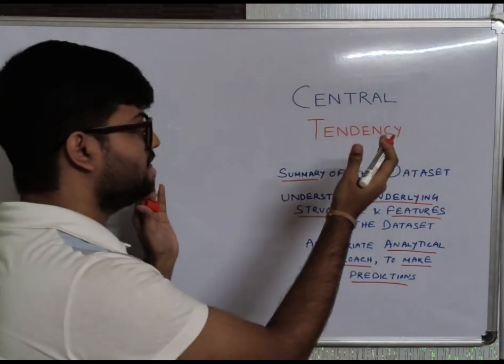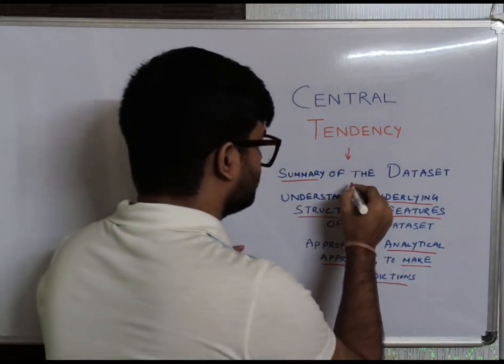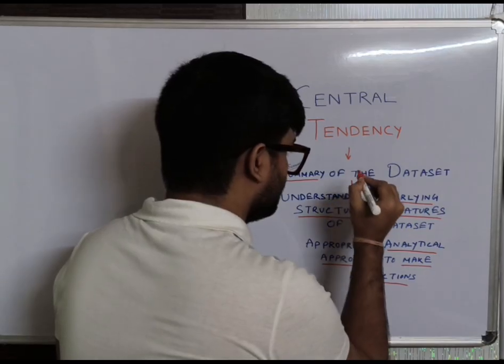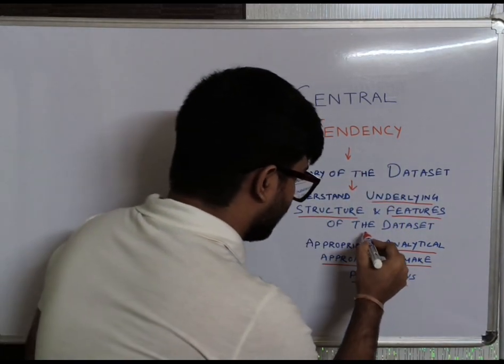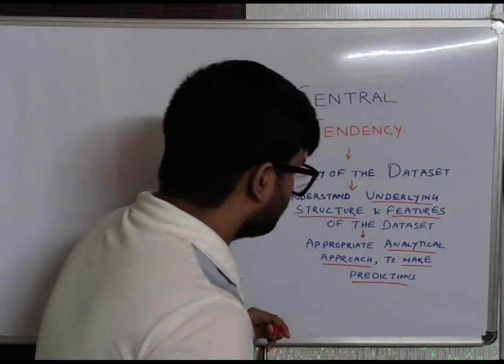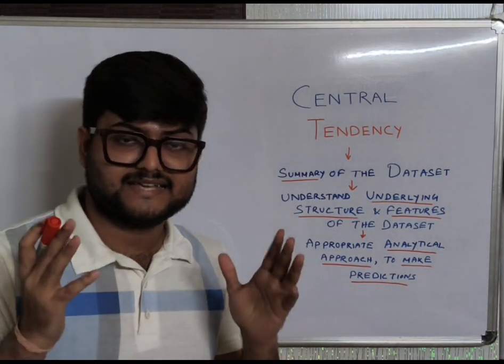So central value gives the summary of the data set. From there you understand the underlying structure and the features, and then from that we get the analytical approach to make predictions about it. So this is everything about the central tendency.